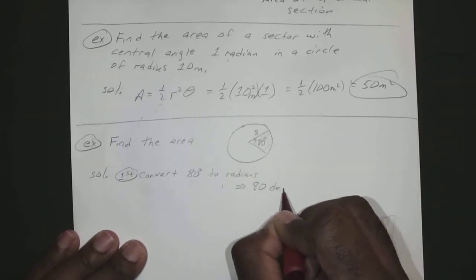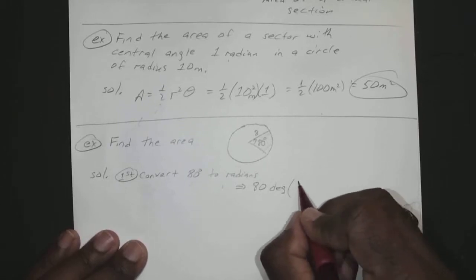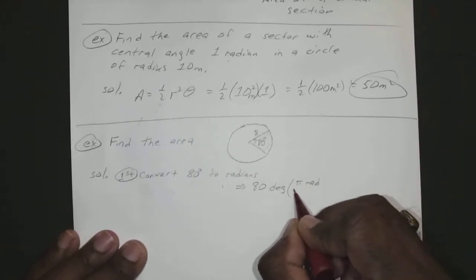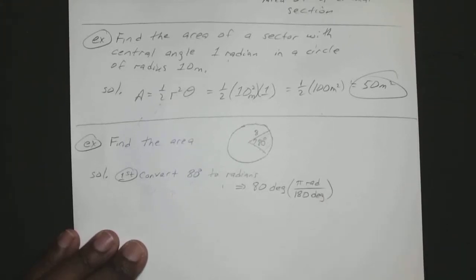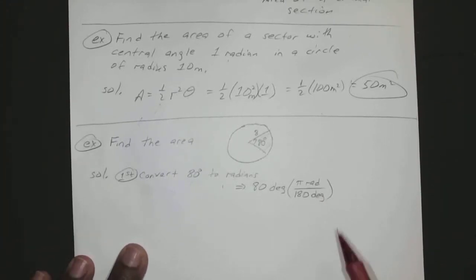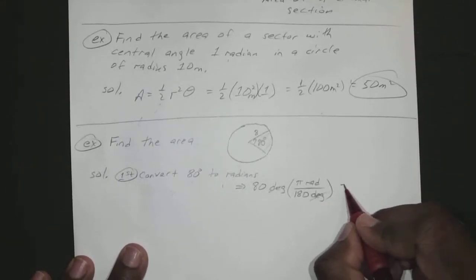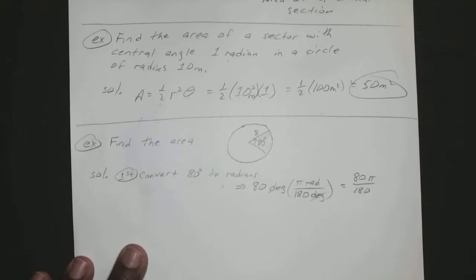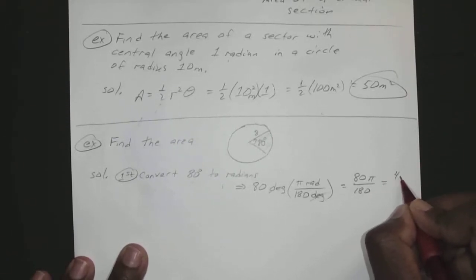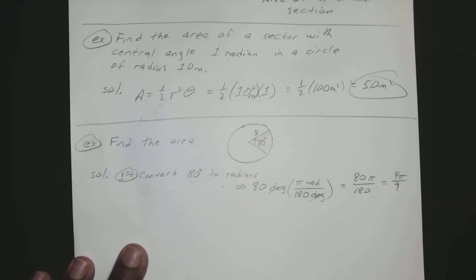You multiply that by pi radians over 180 degrees, where your units of measure cancel out. So 80 pi over 180, which simplifies to 4 pi over 9 radians.